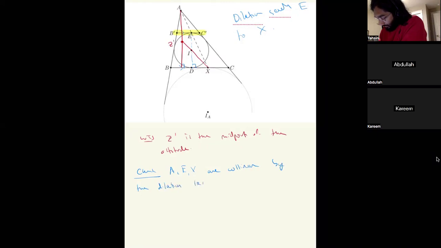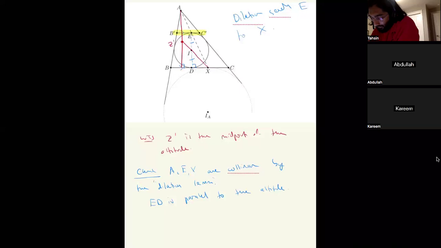I don't know what to call it. That's not a technical name. And then we also have ED is parallel to the altitude, and that's just because they're both perpendicular to BC. But then, I is the midpoint of ED, just because it's a diameter and that's the center.